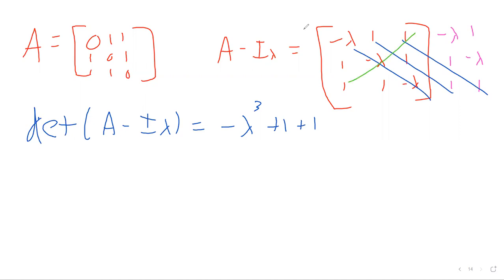Let's do our reverse. That's minus a negative lambda, minus a negative lambda, minus a negative lambda. So we end up with negative lambda cubed plus 3 lambda plus 2, and we want this to equal 0.